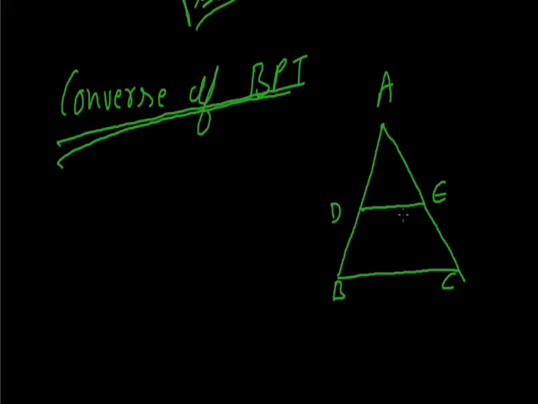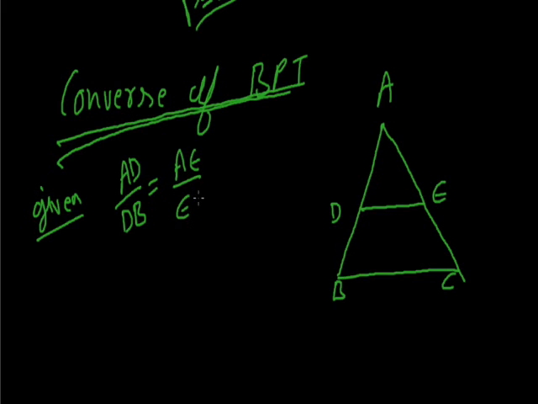Then this line DE must be parallel to BC. So in the converse of BPT, it is given that DE divides AB and AC in the same ratio. It means AD upon DB is equal to AE upon EC.